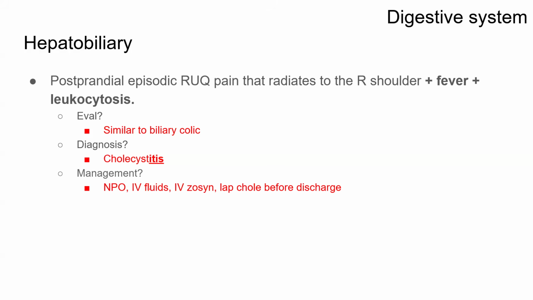They also might need surgery, so that's why you make them NPO. You give them IV fluids, you give them IV Zosyn or piperacillin-tazobactam, or IV antibiotics. And then I've seen you give them a lap chole before they're discharged. In real life, people recommend all kinds of different approaches, but this general management approach is a good place to start.